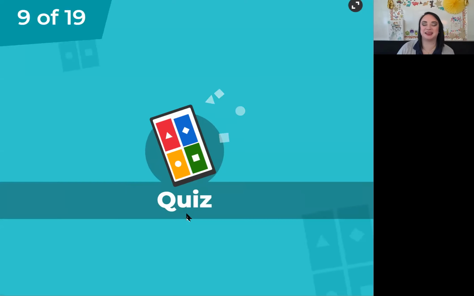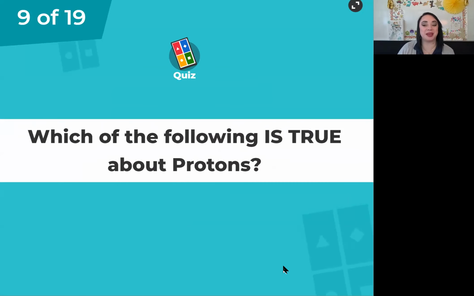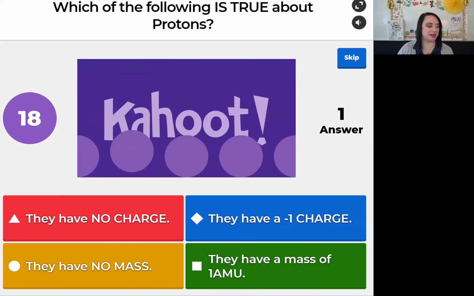Very good. Which of the following is true about protons?